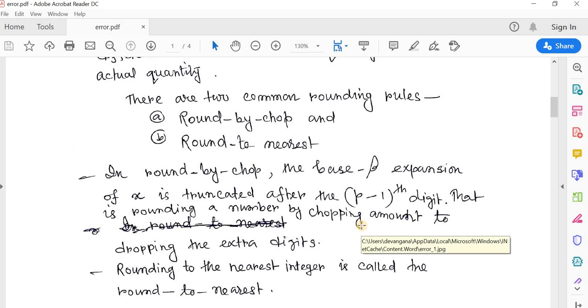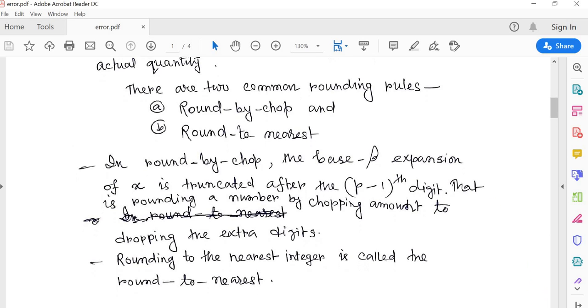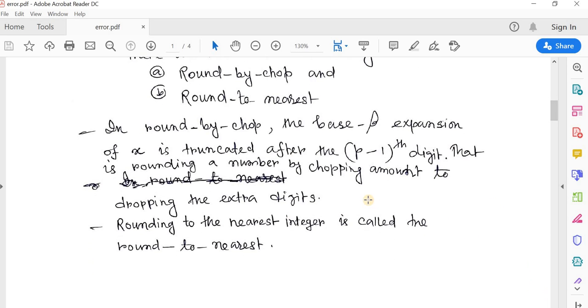If the base b expansion of x is truncated after p minus 1 digits, then it is called round by chop.